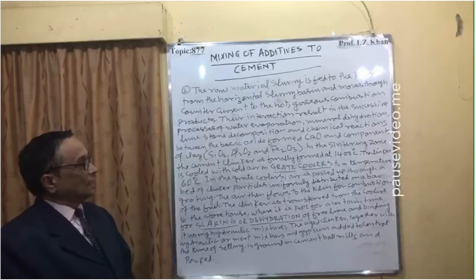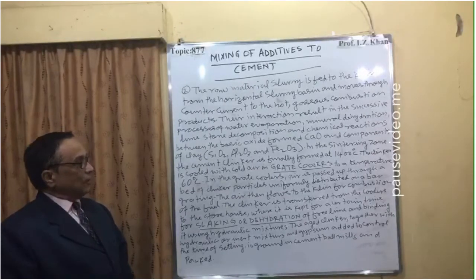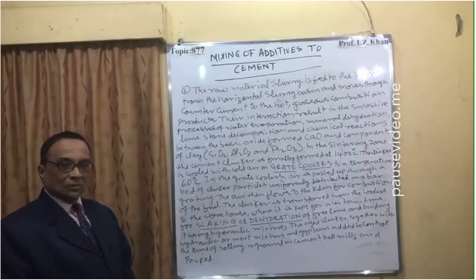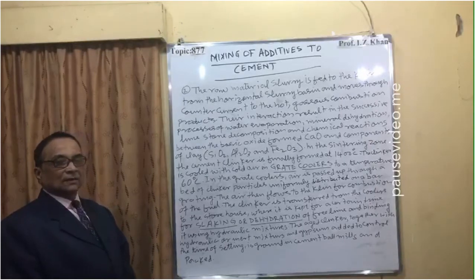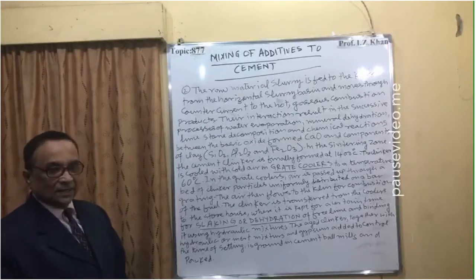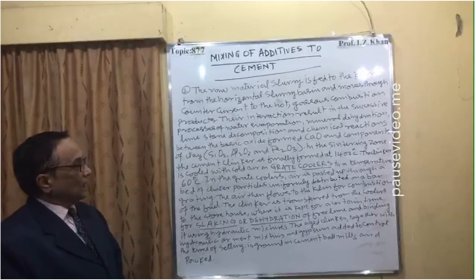In the sintering zone, the cement clinker is finally formed at 1400 degrees centigrade. So at 1400 degrees centigrade, finally the cement clinker will be formed.